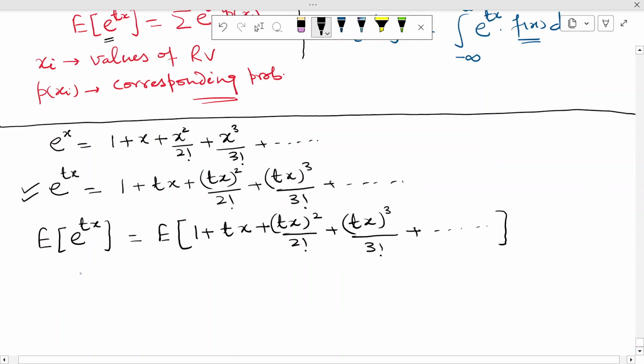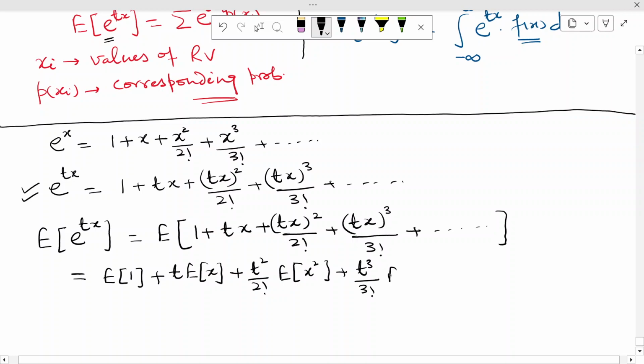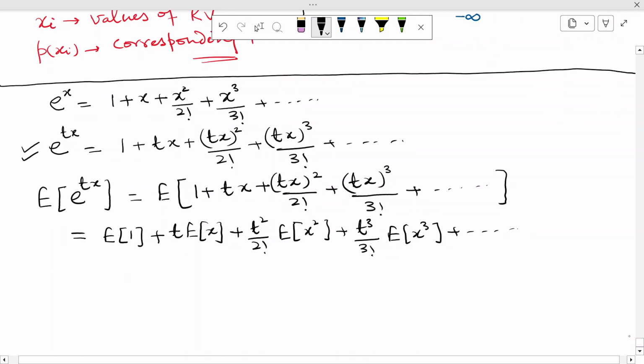Since t is the parameter and x is the random variable, this can be written as 1 plus t times expectation of x plus t square over factorial 2 expectation of x square plus t cube over factorial 3 expectation of x cube and so on. Let us mark this as expression 1.